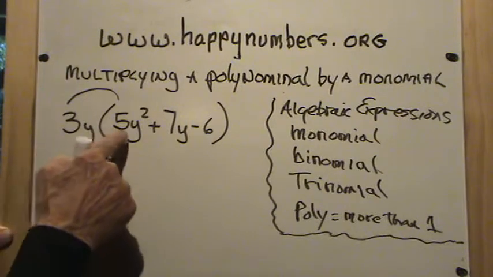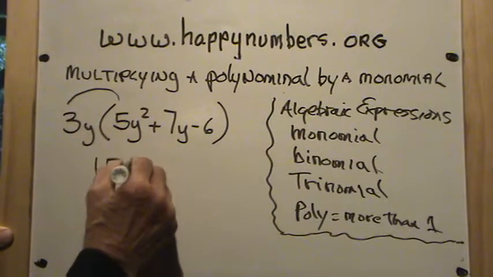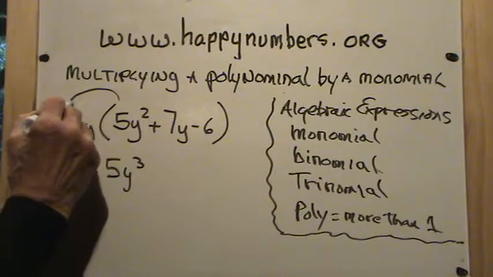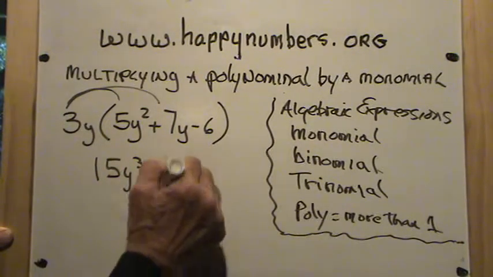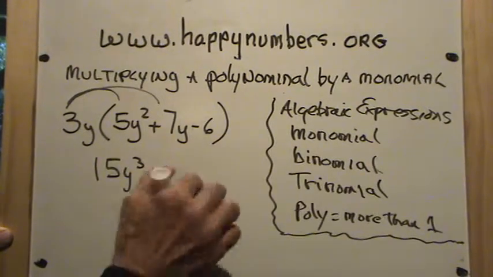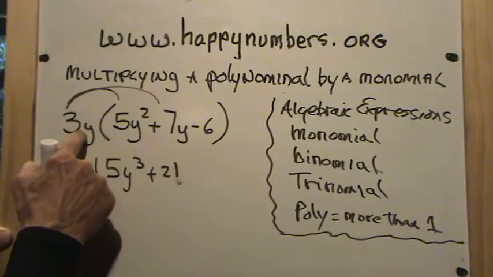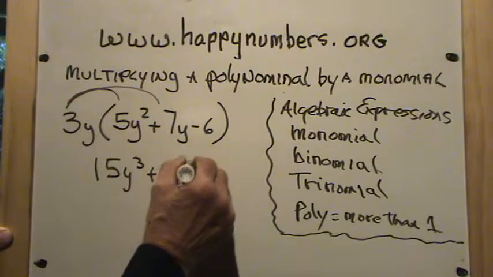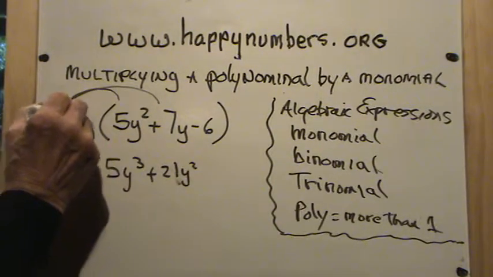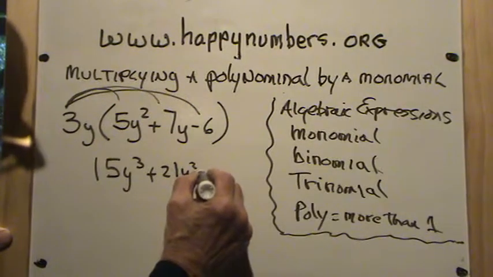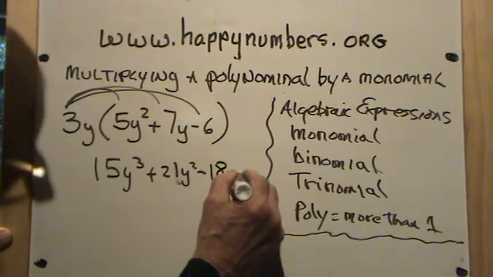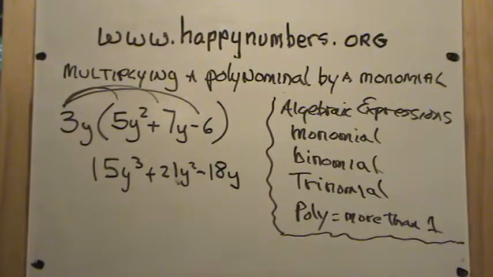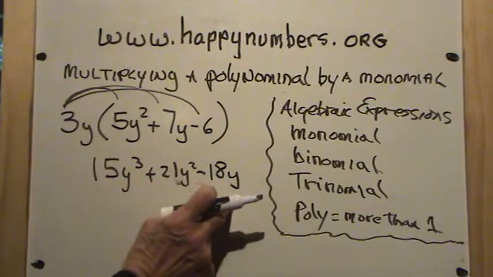Y to the first, y to the second gives me y to the third. 3 times a positive 7 gives me positive 21. Y to the first, y to the first gives me y to the second. 3 times negative 6 gives me negative 18. Y to the first and no variable there, so it's y. So we have 15y to the third plus 21y squared minus 18y.